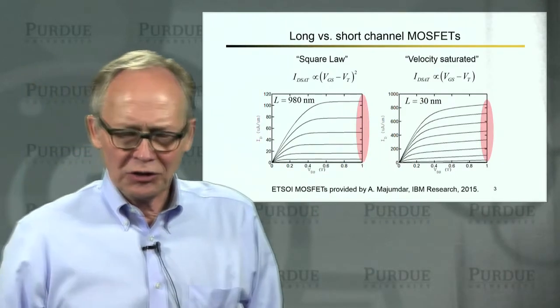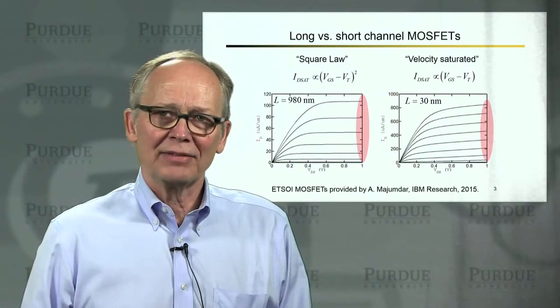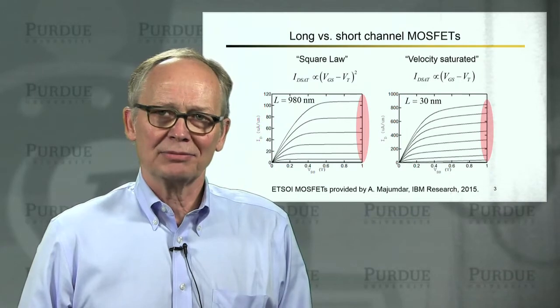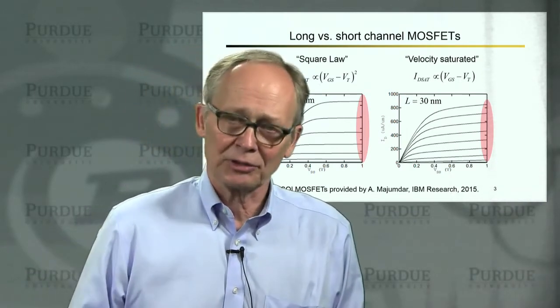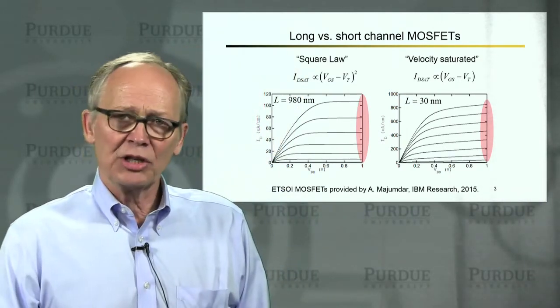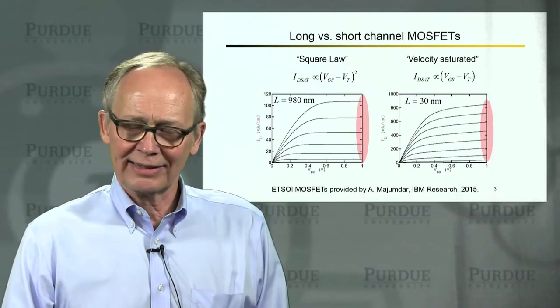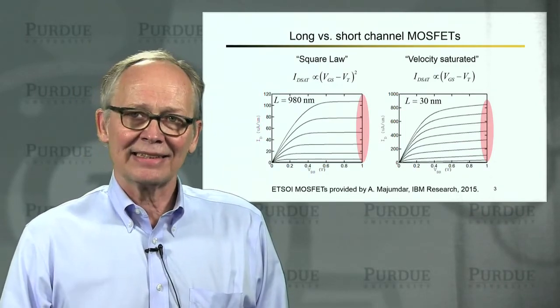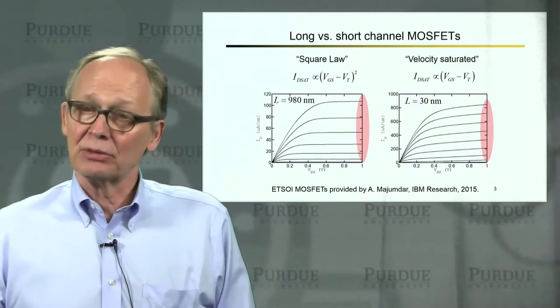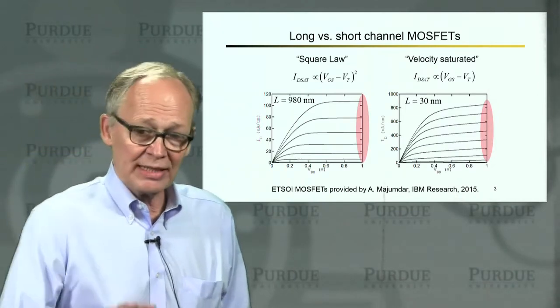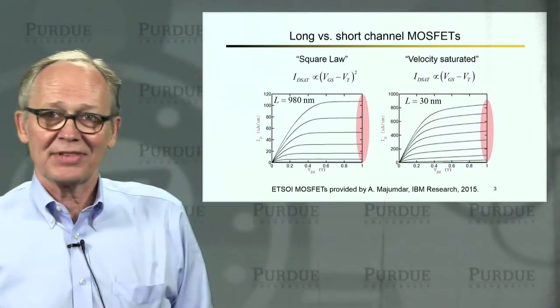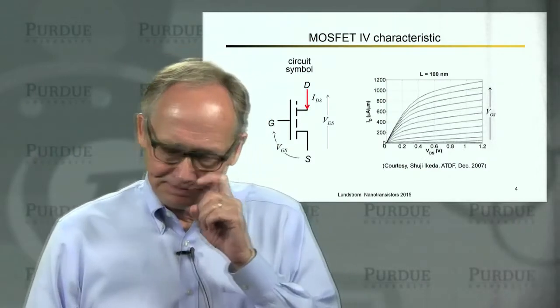Now, that's caused by velocity saturation in the channel. And we'll discuss that several times throughout this course. So usually when you observe an IV characteristic like this, you say, that's a signature of velocity saturation. I know what's going on inside. So we need to develop an IV theory for both of these cases.